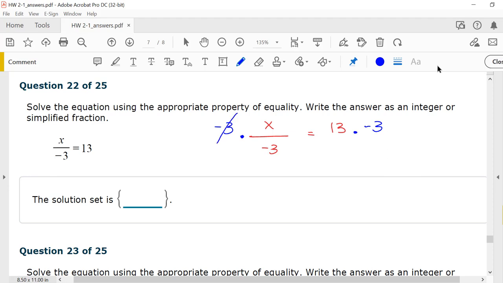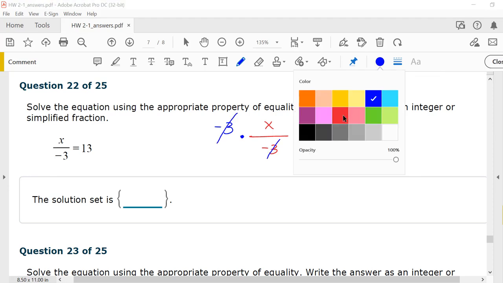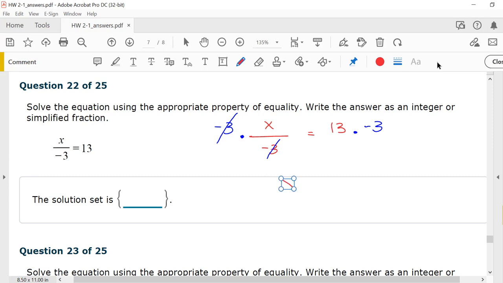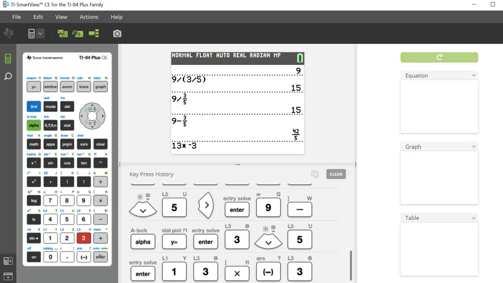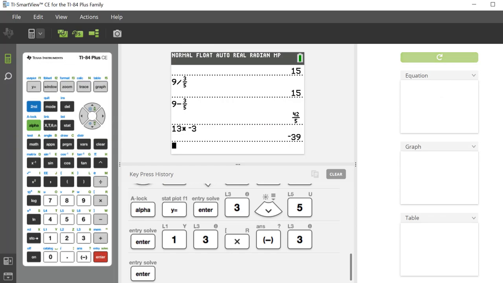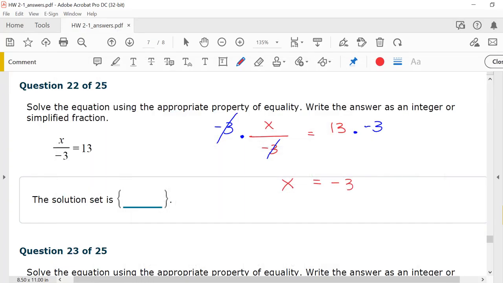On the left, negative 3 over negative 3 is 1. 1 times x is x. On the right, 13 times negative 3 is negative 39. So the solution set is x equals negative 39.